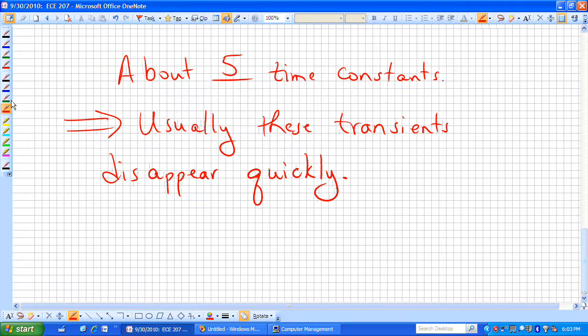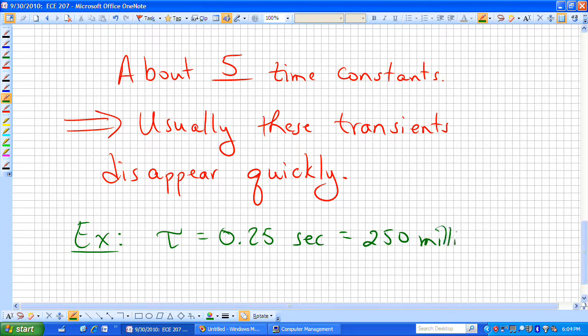As an example, if we had a time constant tau that was 1/4 of a second, or 250 milliseconds.